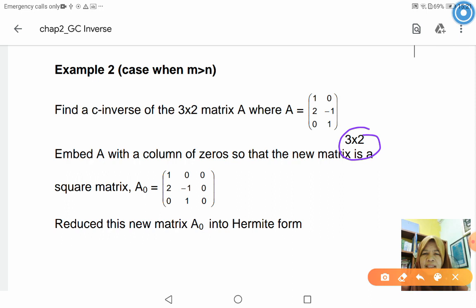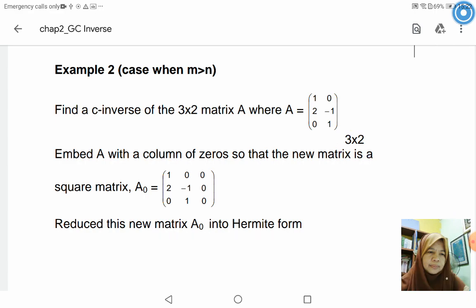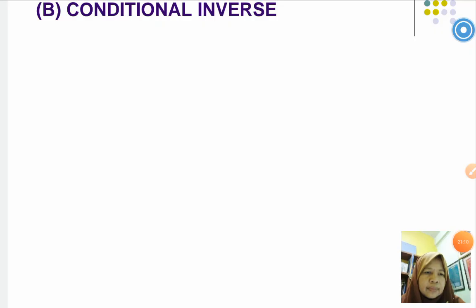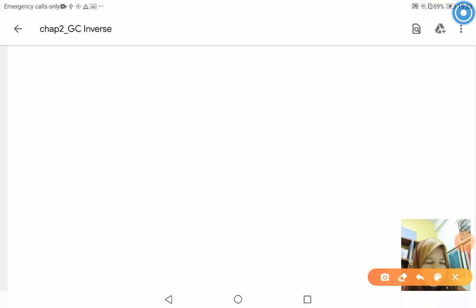Reduce this matrix A naught into Hermite form. Please try to reduce A naught to Hermite form. Do you remember what is Hermite form? Okay, try. You can try now to reduce into Hermite form.